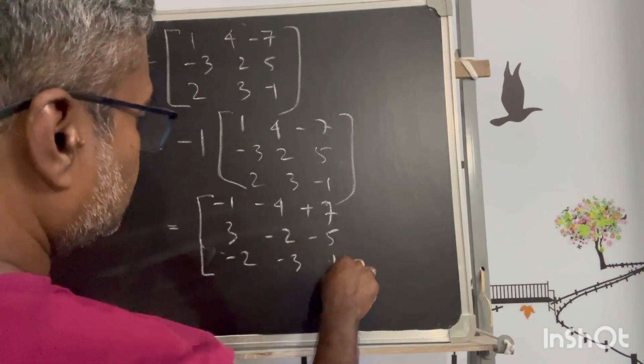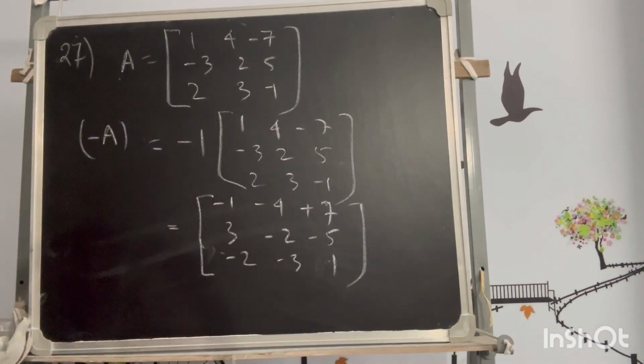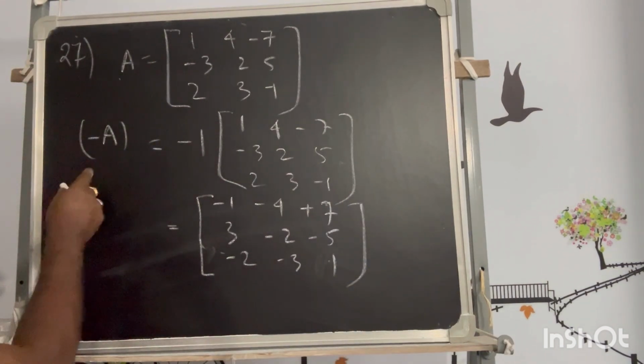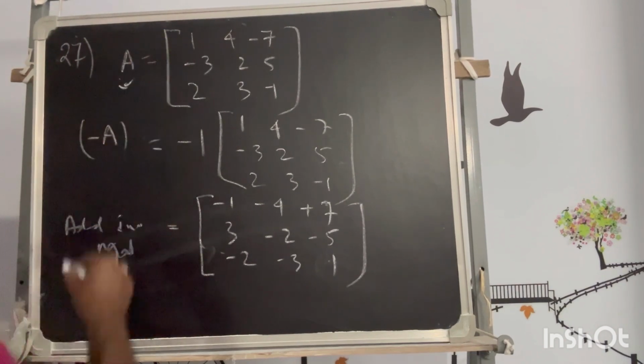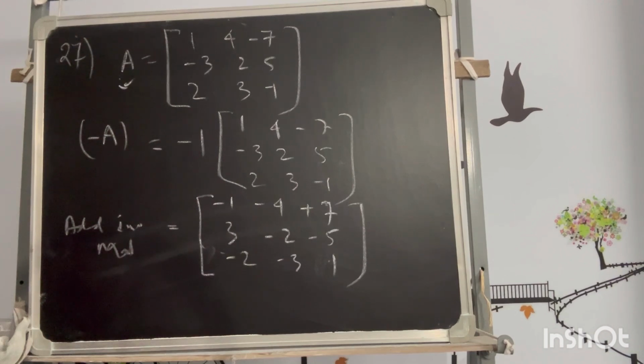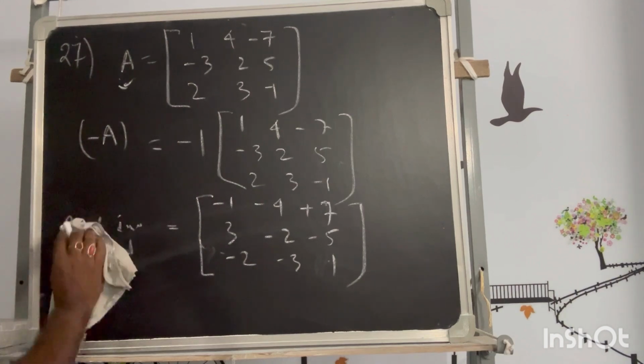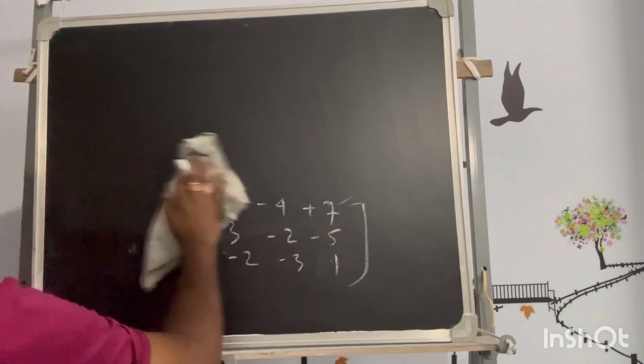So this will be your additive inverse matrix of the matrix A. Okay, this will be your answer. So this is one kind. Okay, let's move to another variety.